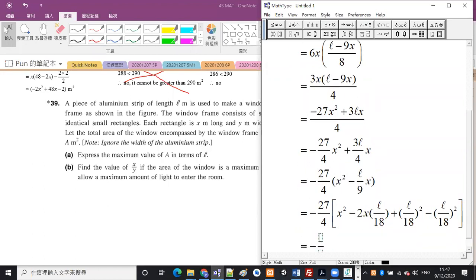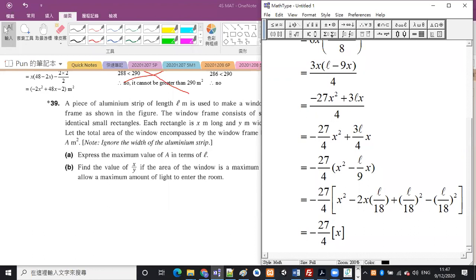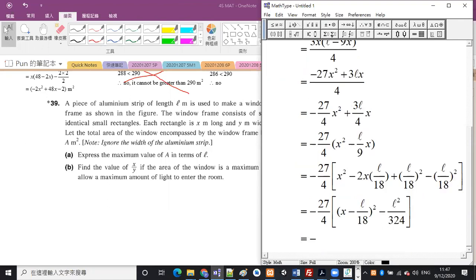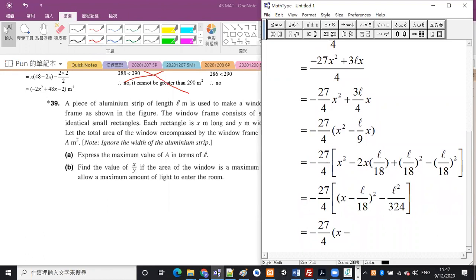Okay, and then (x minus y) squared minus L squared over 324. Okay, and then expanding brackets, negative 27 over 4 times (x minus L over 18) squared, and then plus, that should be equal to, say about, yes, L squared over 48.